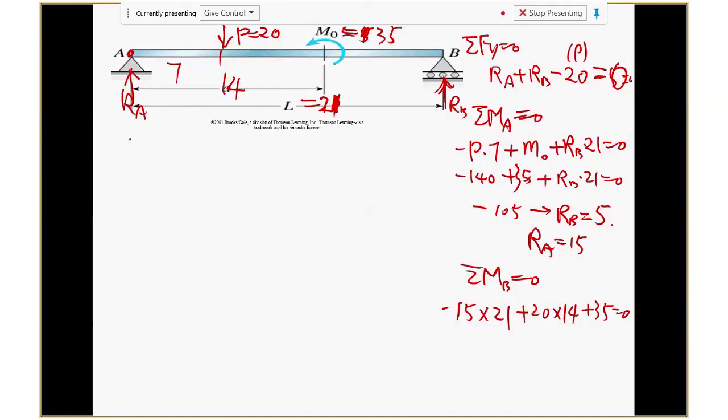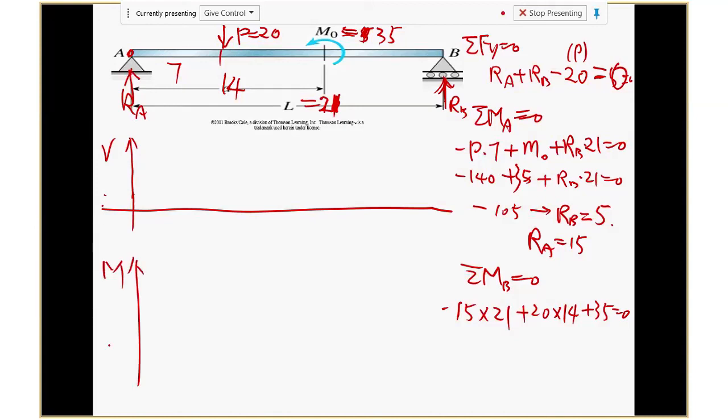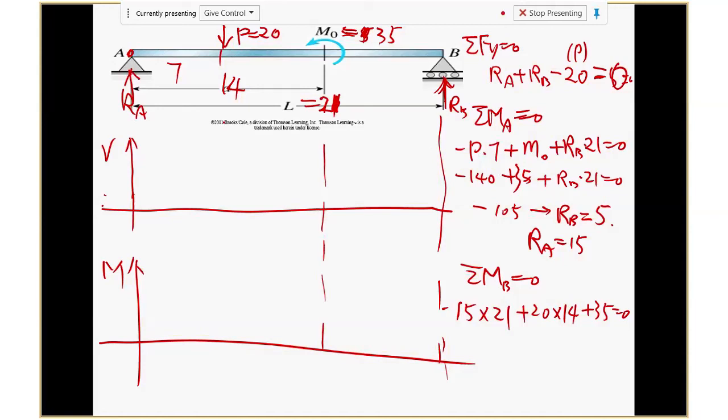Okay, so I will make it here, the V. Then here's the M. Okay, so this ends here, and then this starts here, and then this line is here. Okay, now let's do the V. When you start, what do you see? 0.